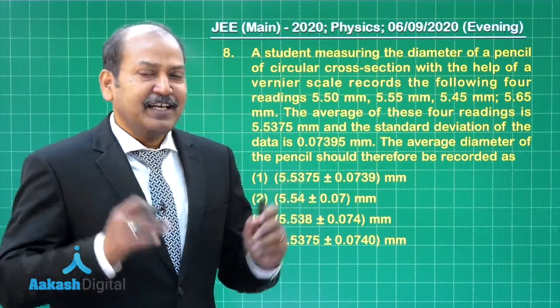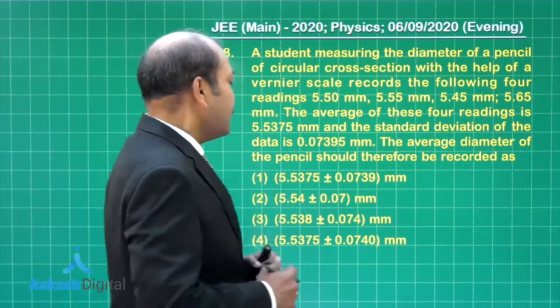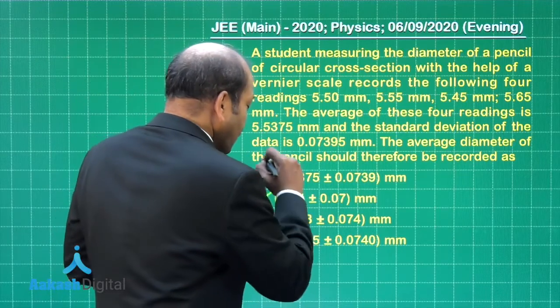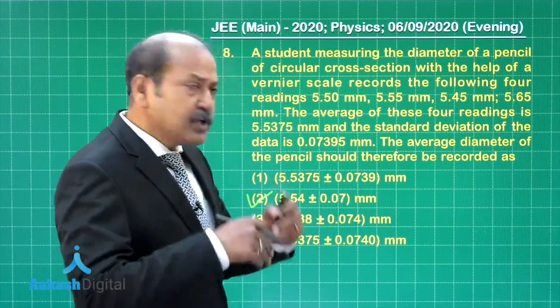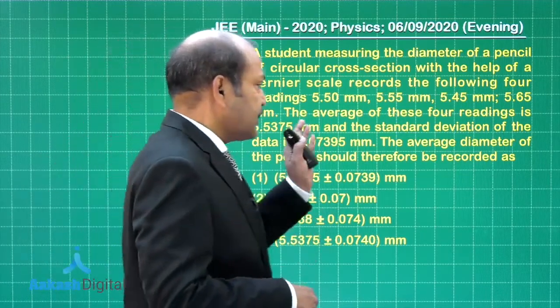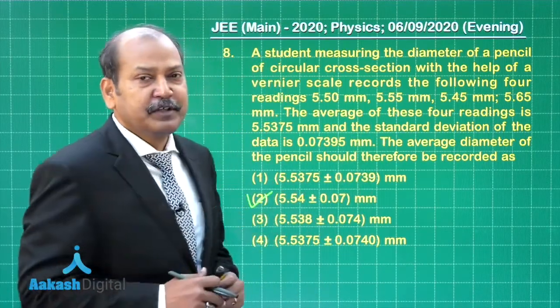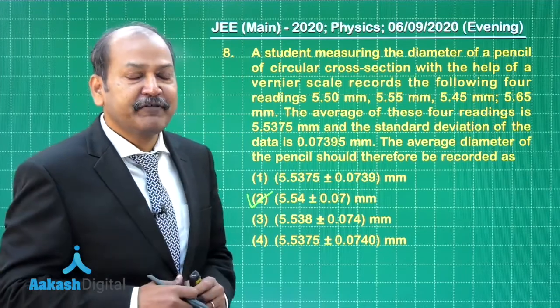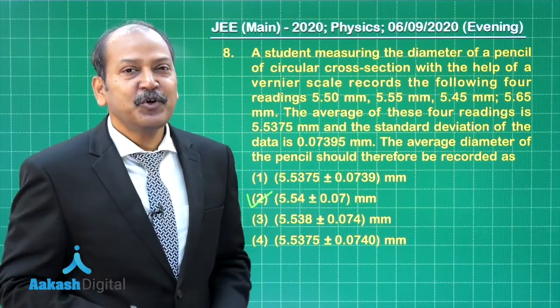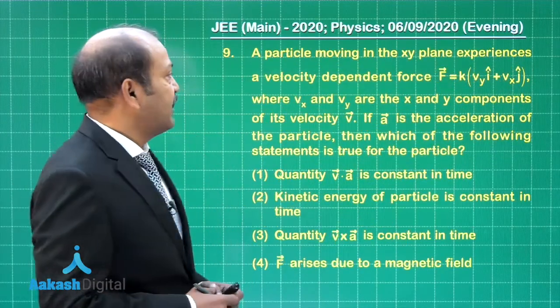So, that helps us zero in on the answer and option 2 is the correct one. We do not really have to go into the standard deviation and others because other options are ruled out because of the number of significant figures. Let us go to the next question now.